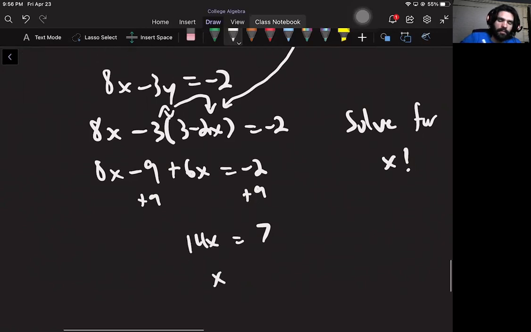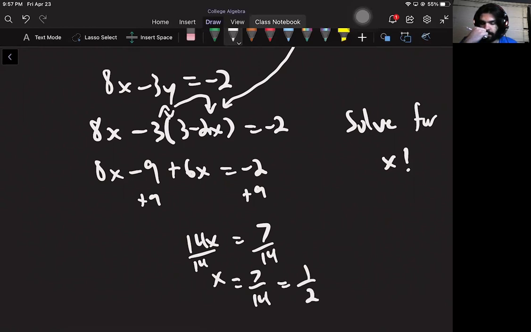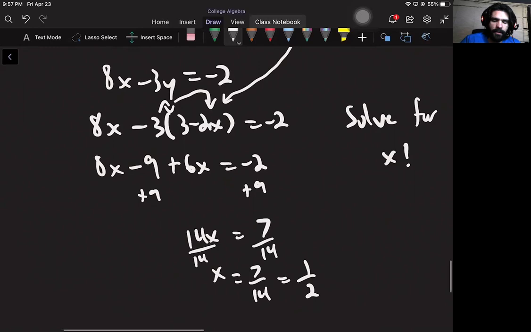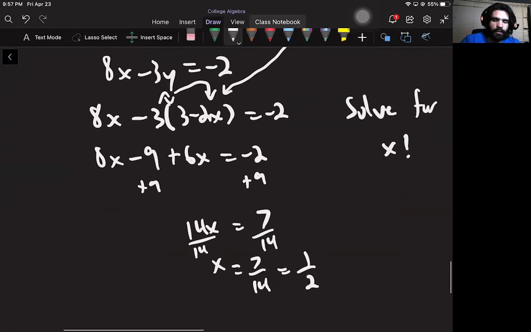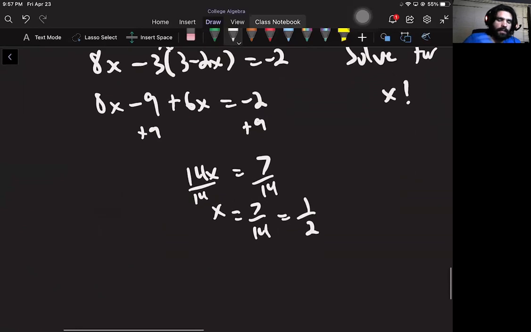Divide both sides by 14, and you get x is 7 over 14, which is 1/2. So this x value will correspond to a y value that fulfills both equations together once I plug this back in.